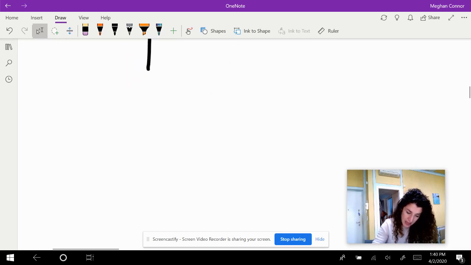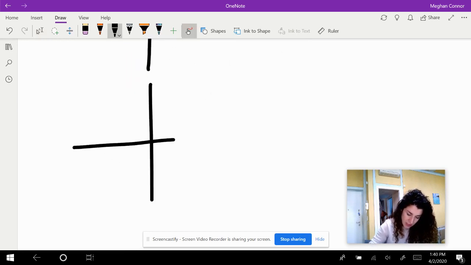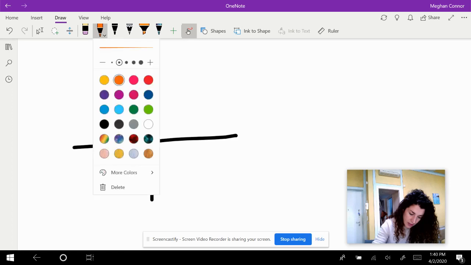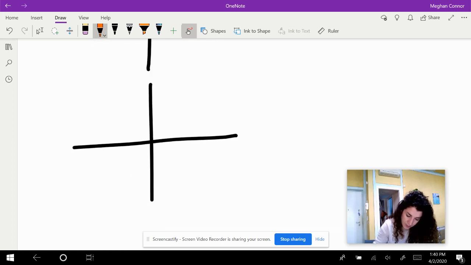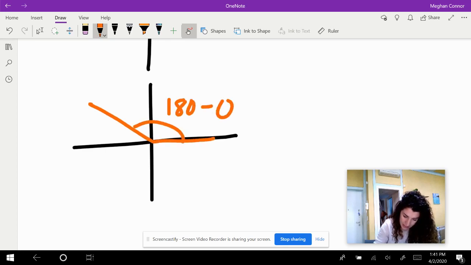To continue this, I'm then going to reimagine this where this is now 180 minus theta, and then this is the right triangle we can draw from that, where this is now theta. We would still have an x distance here.